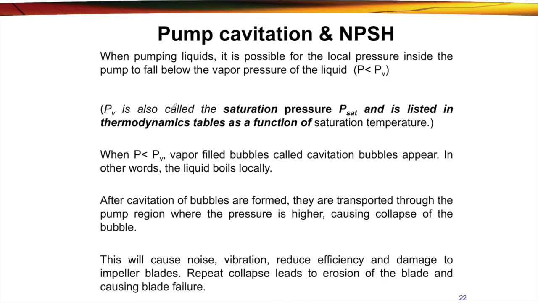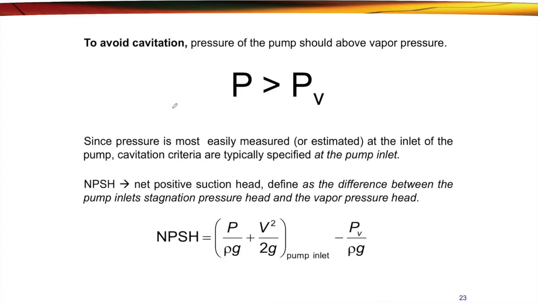In order for you to determine the pump cavitation, you have to use this equation, NPSH. Now what we have is P over rho G plus V squared over 2G for the pump inlet, minus PV over rho G. PV will be given in your question, you just substitute the PV and rho G. But our concern here is the pump inlet.